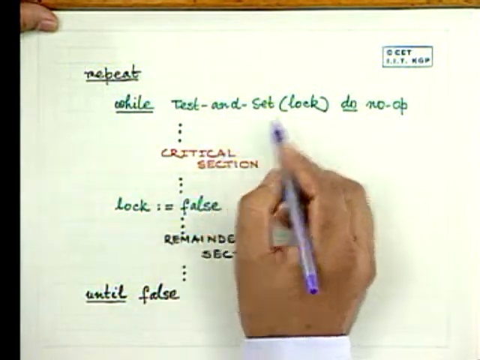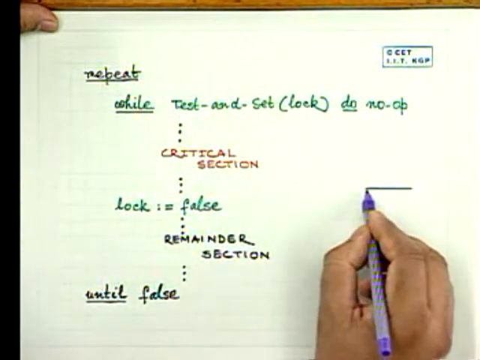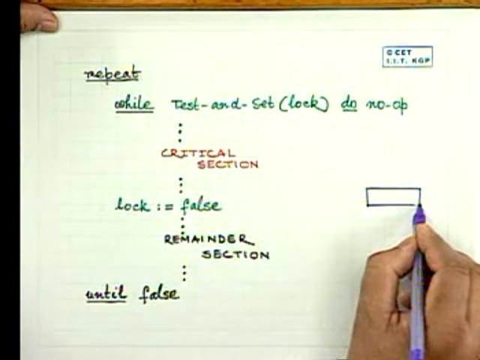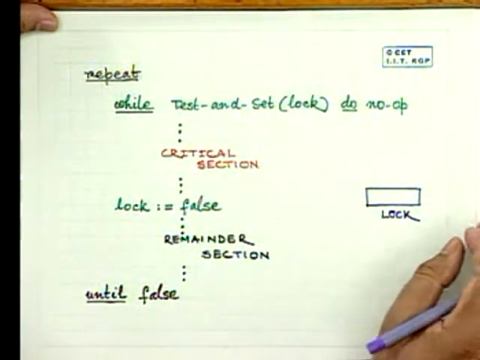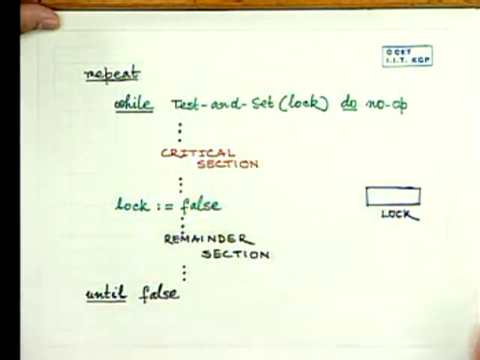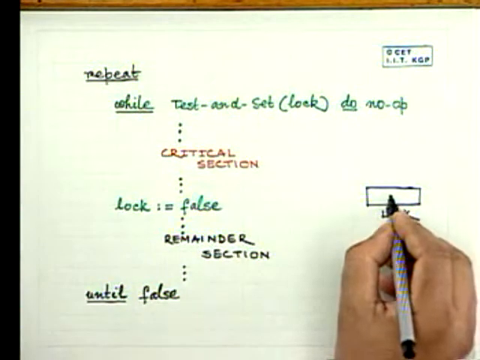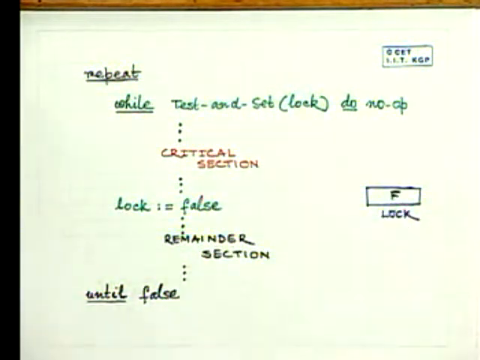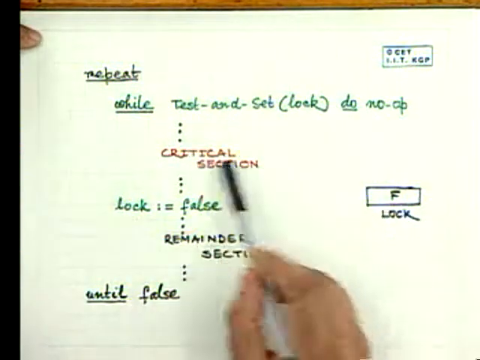The critical section is maintained by a variable which is lock. The lock can have a value either false or true. Let me assume that this has a value which was false. Now this test and set lock will do this.